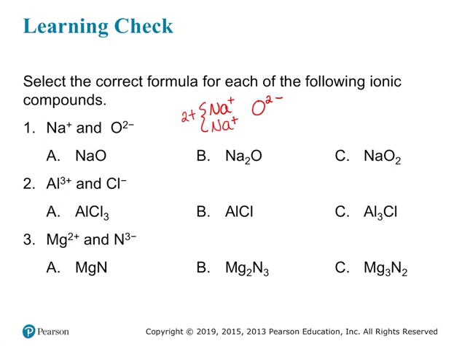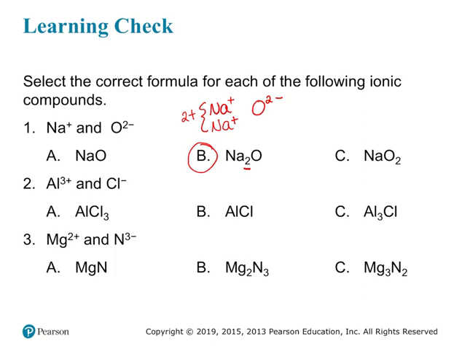Okay, so that tells us that we need 2 sodium ions for every 1 oxygen ion or oxide ion. So which formula would be correct? A, B, or C? B. So that shows we have 2 sodium ions for every 1 oxide ion.